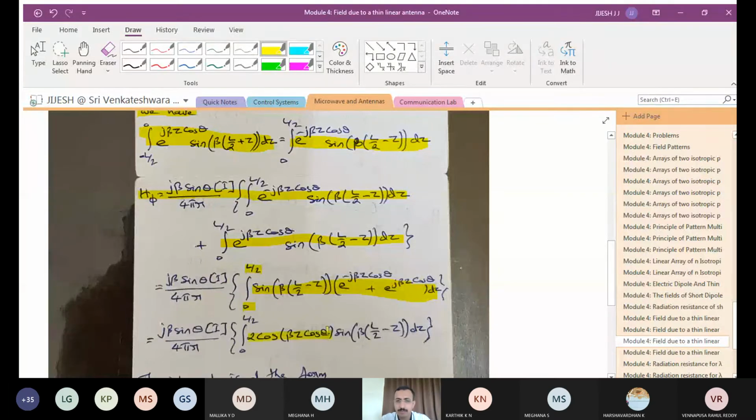This is a pure trigonometric relationship: e to the power of j theta plus e to the power of minus j theta is 2 times cos theta. So that is what I have used here. I have just replaced this term with 2 cos of beta z cos theta. The rest of the terms are the same. I have not disturbed any of the other terms.